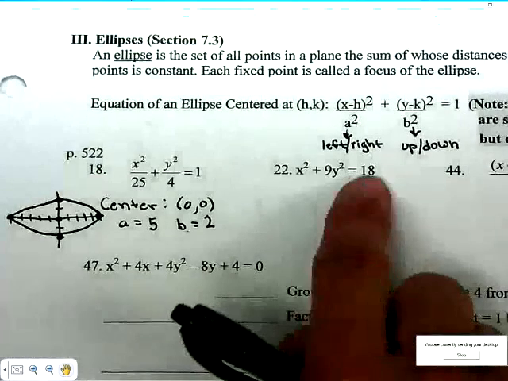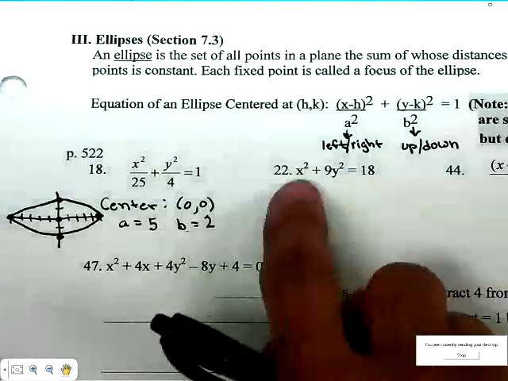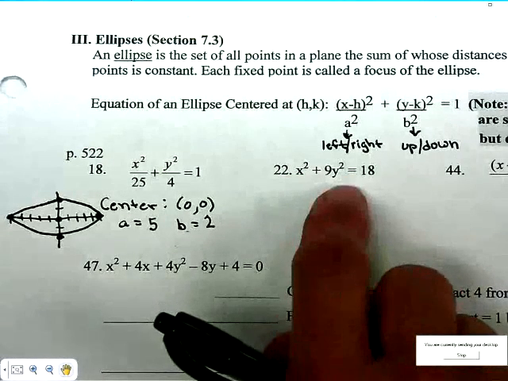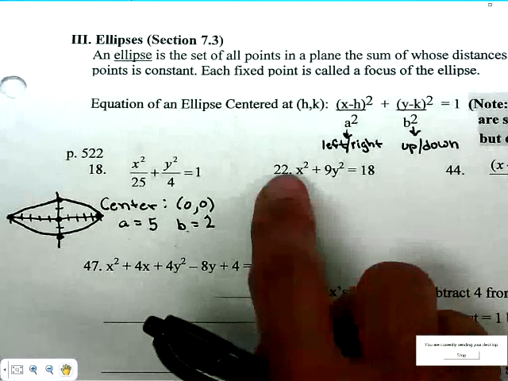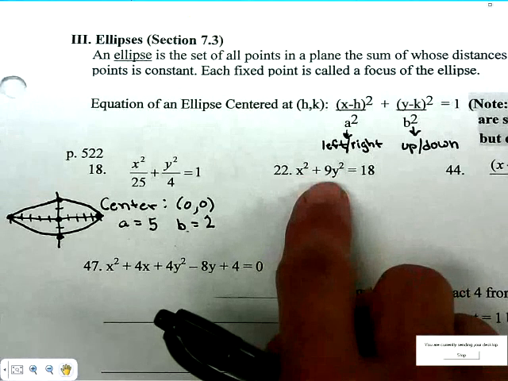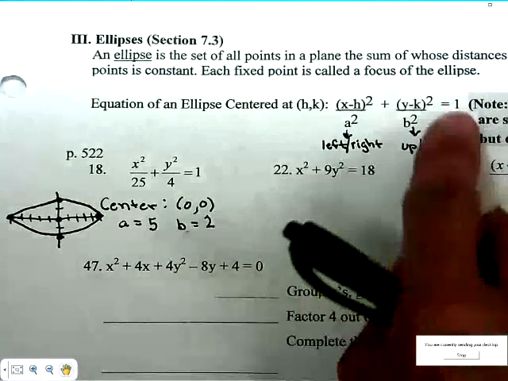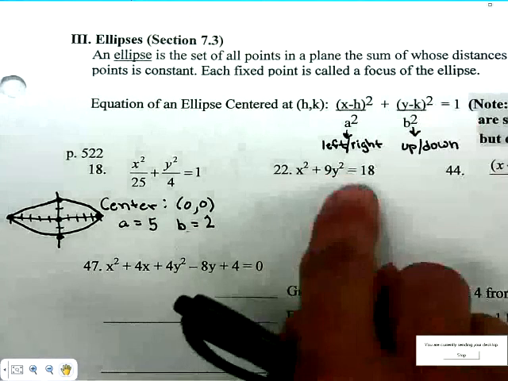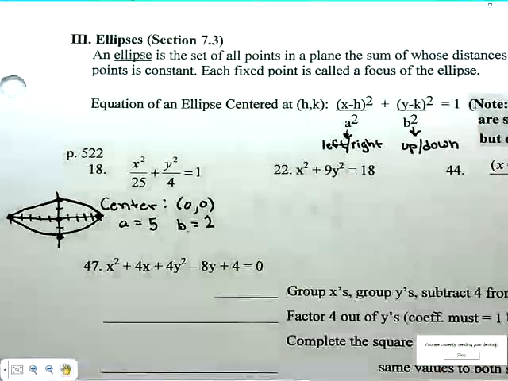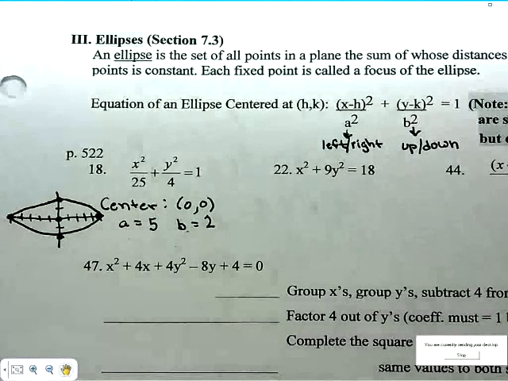Now, number 22, we don't have that 1 on the right-hand side. I can tell that it's an ellipse. I can definitely tell it's not a parabola because both variables are squared. It's not a circle because both coefficients are positive but not the same. That's what tells me it's an ellipse. But how can I get it in this form that has a 1 on the right-hand side? I thought somebody might say subtract 17 from both sides.